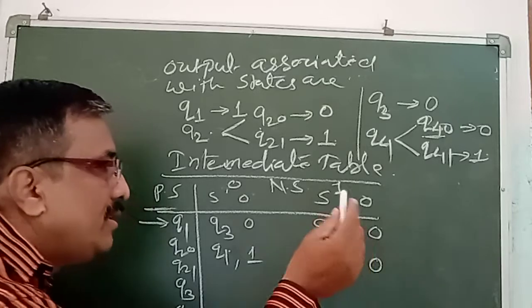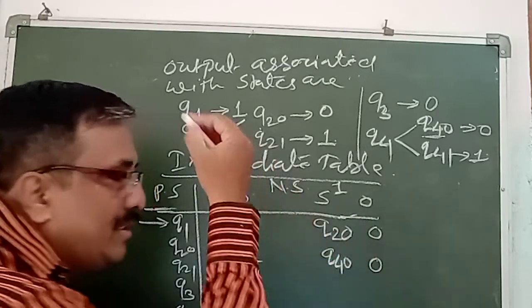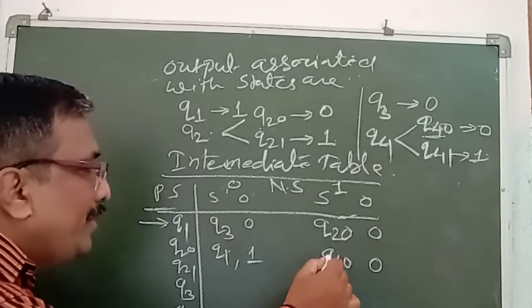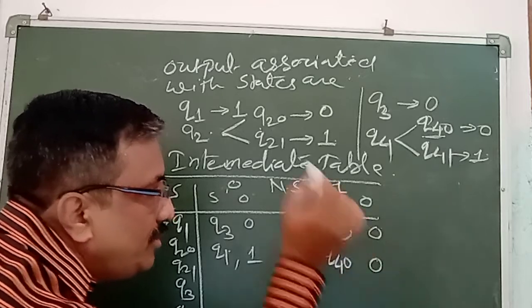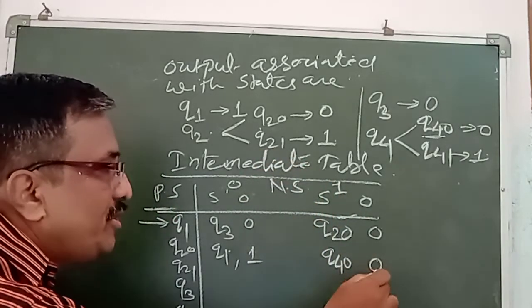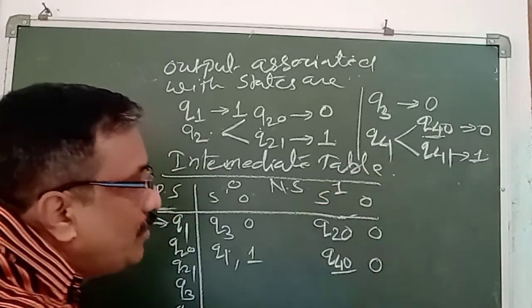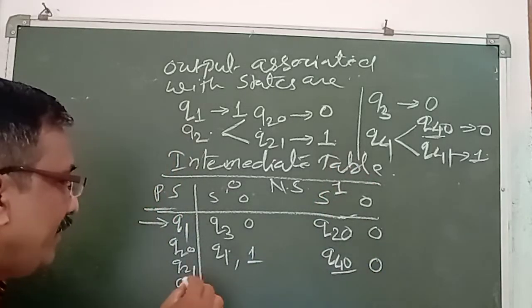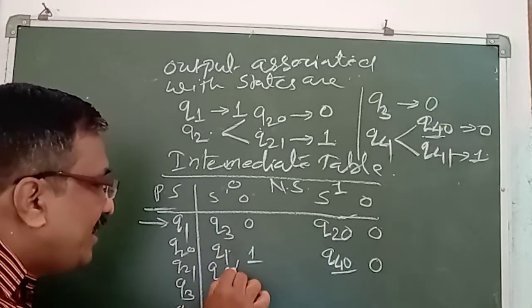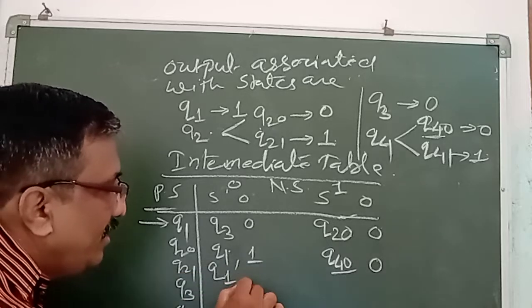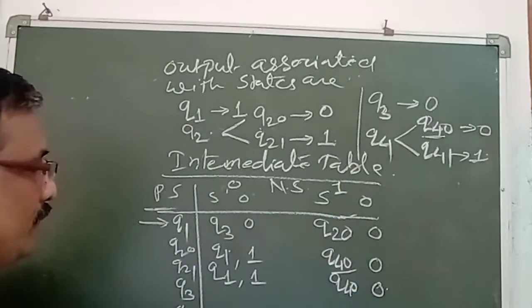Now the output 0 is represented by state Q4 0. So we will convert Q4 0 into Q4 0 0. Then again we copy this transition for state Q2 1, Q1 1 and Q4 0 0.